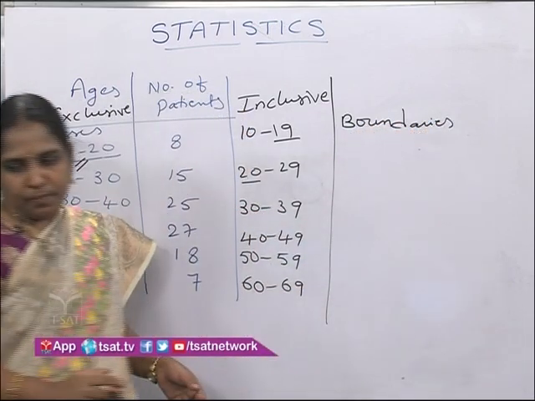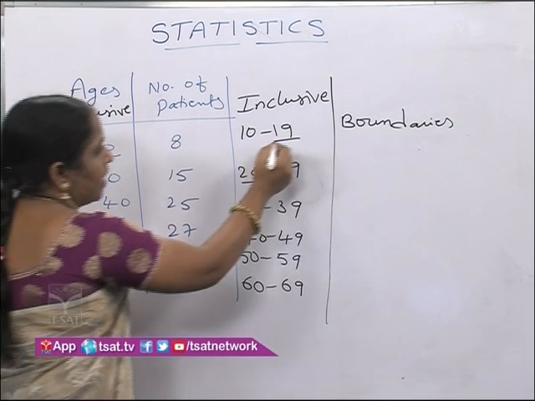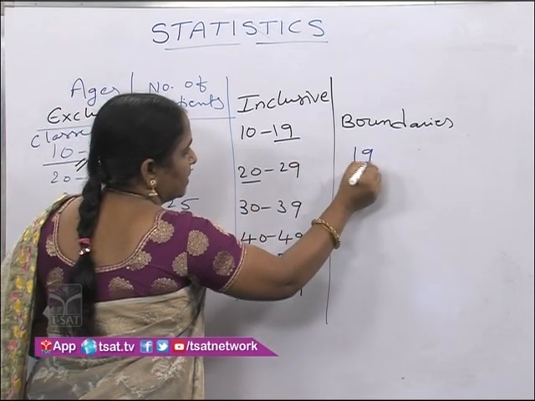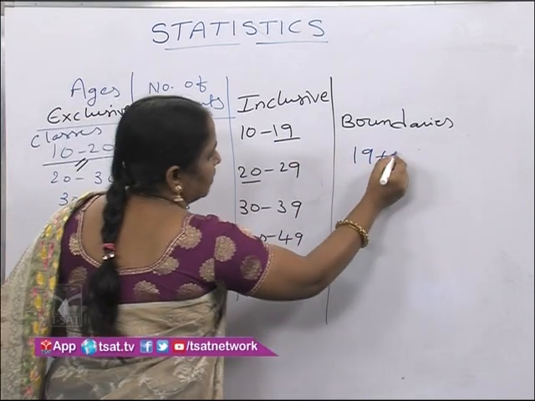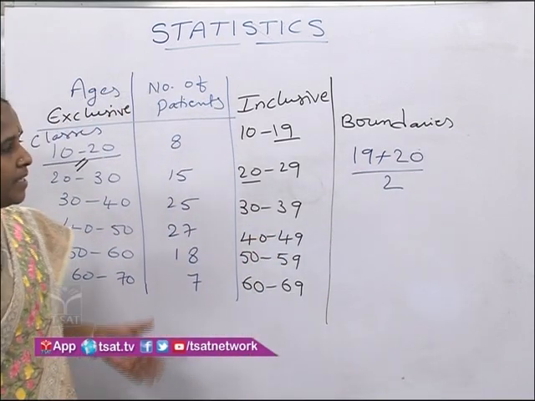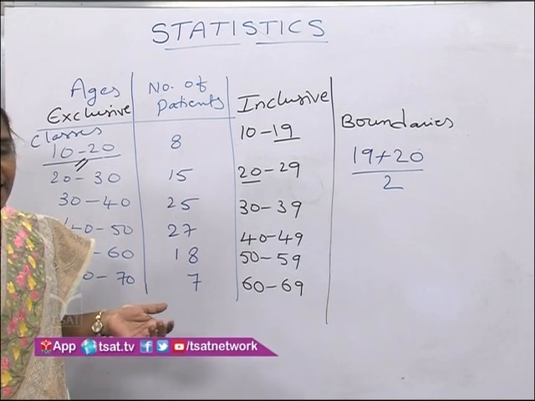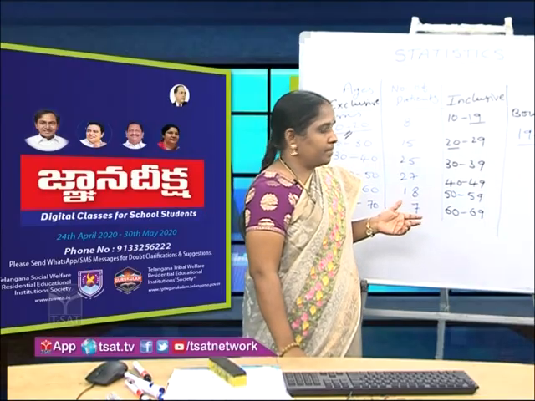So, what are these boundaries? How do we get the boundaries of the classes? Just by adding the upper limit of the first class and the lower limit of the second class and dividing by 2, which is nothing but the average. We have seen in the second session how we calculate the mean of the observation data given.